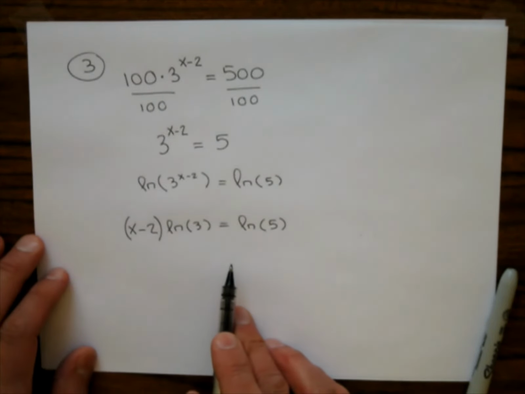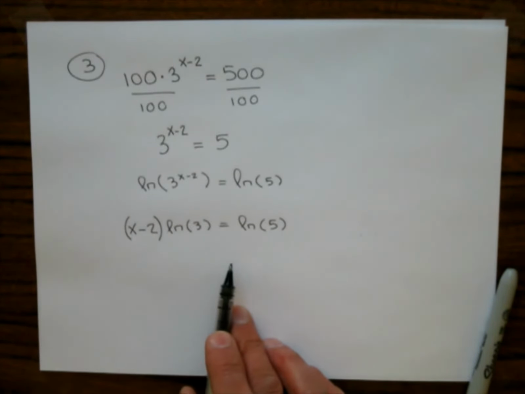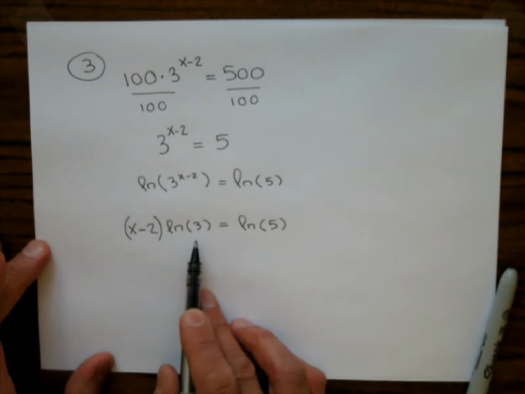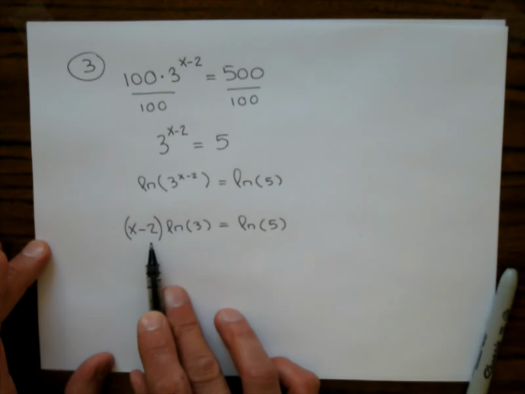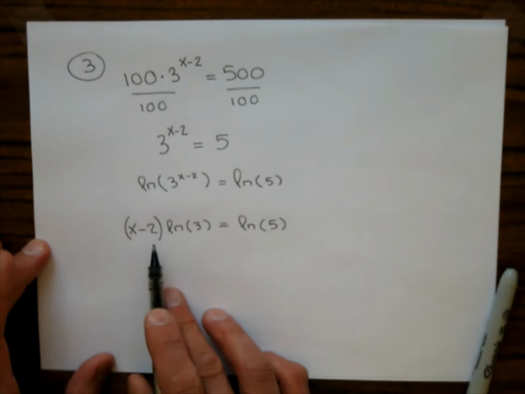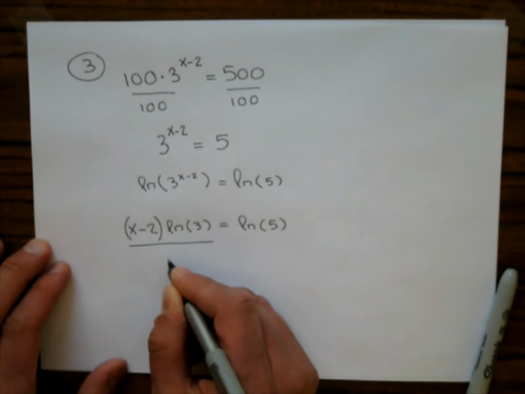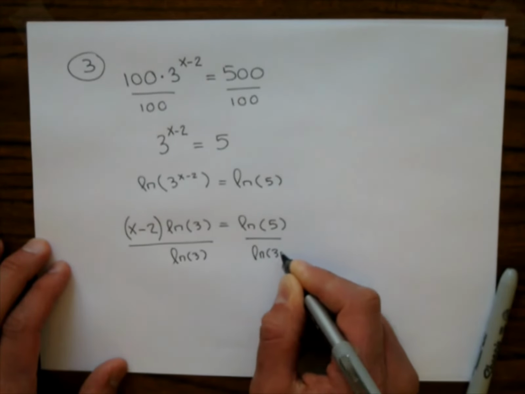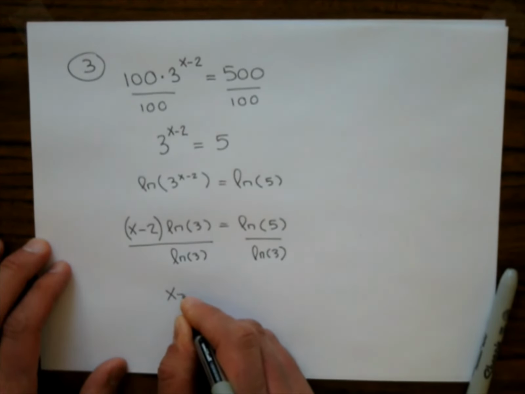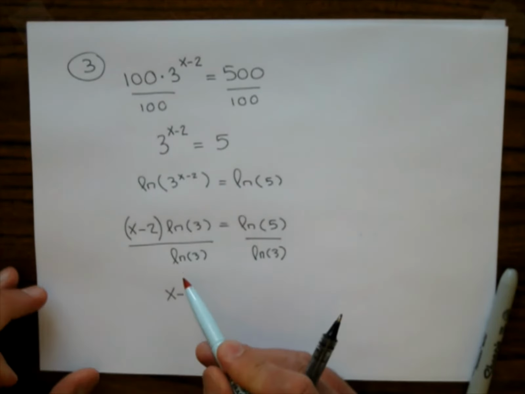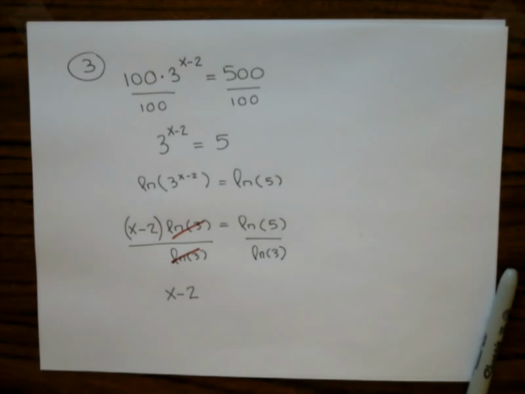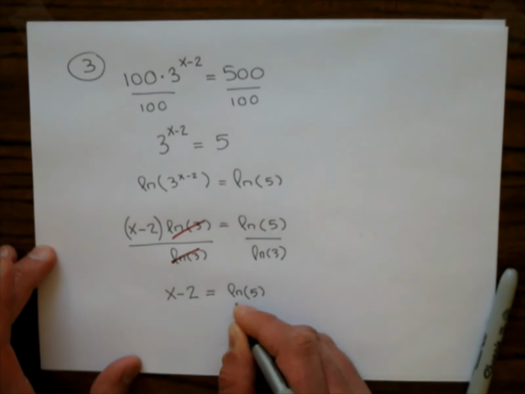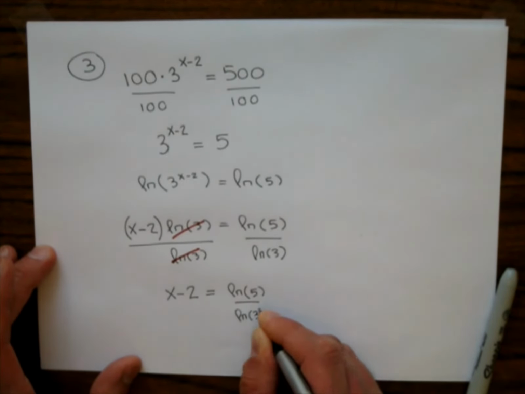Okay, the next thing that I'm going to do is distribute the ln3. Well, there's a few ways. We could divide by ln3 and then do that, or we can distribute the ln3. Why don't I go ahead and divide by ln3? So I have x minus 2, because those guys cancel, equals ln 5 over ln 3.